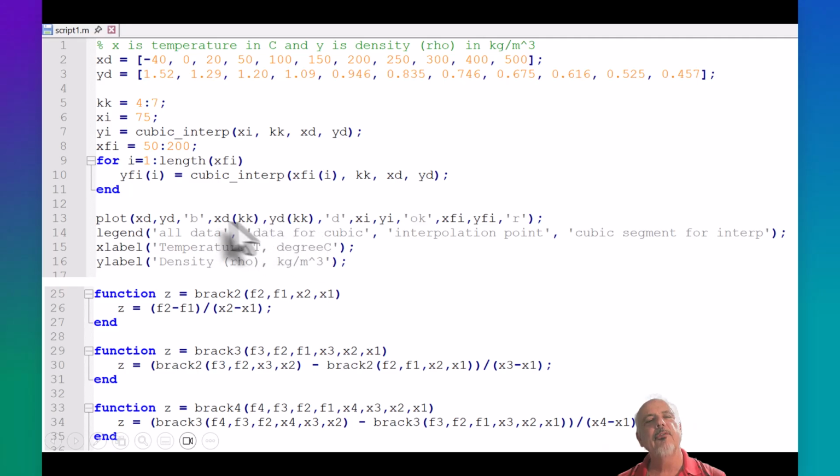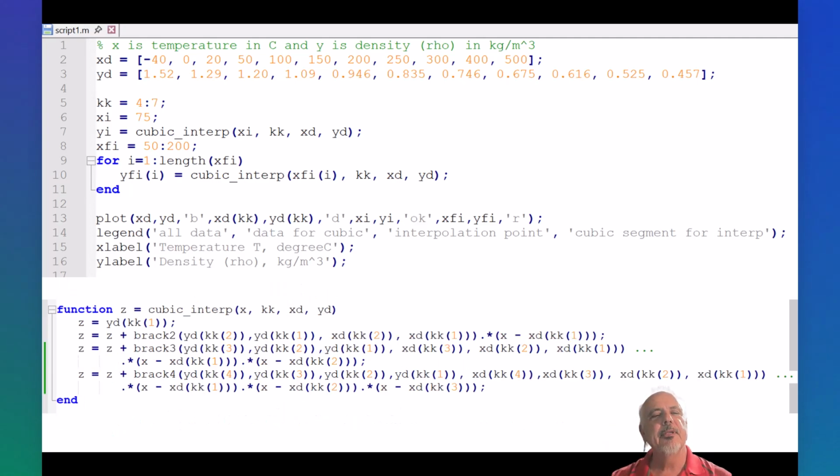The 4 data points, I did those in diamonds, and then I did just the raw data in the blue, kind of faceted coarse. So very straightforward how I did that plot and how I did the interpolation example here.